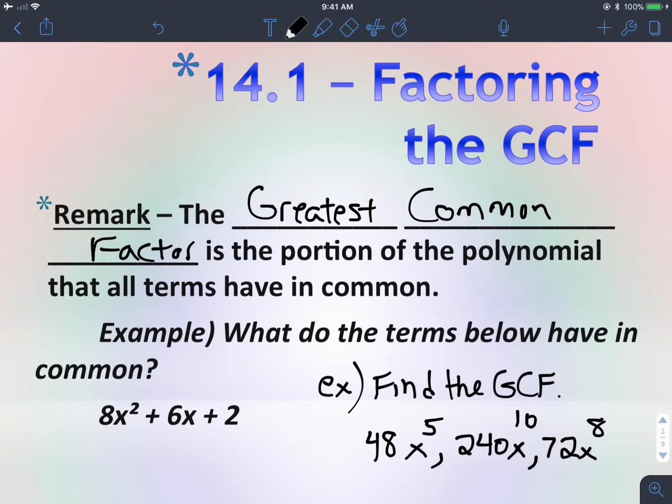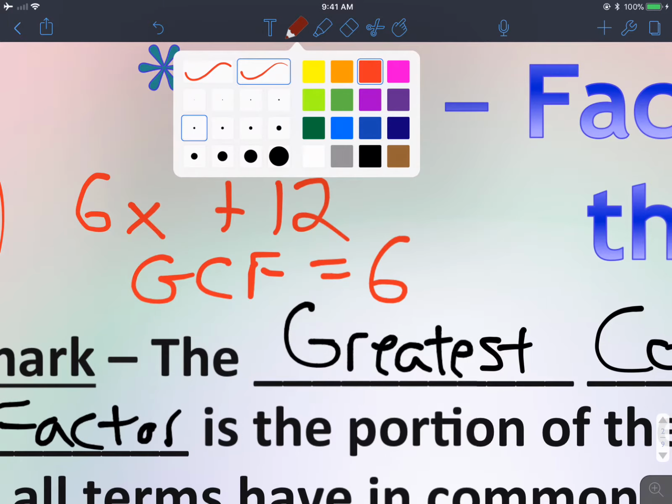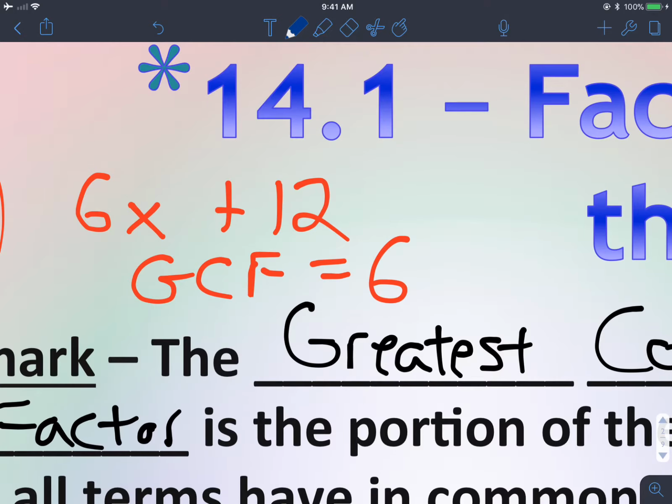All right, I could do like a two-term one real quick. Let's say I had 6x plus 12. Well, the greatest thing that they have in common there is a 6. So all last chapter we worked on multiplying and distributing, multiplying everything.